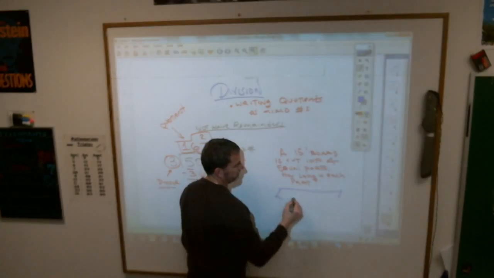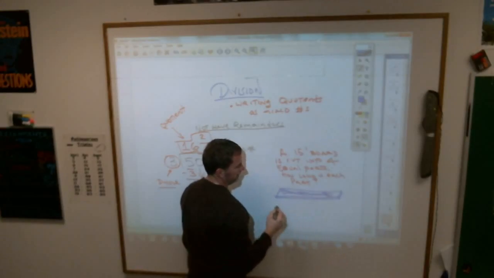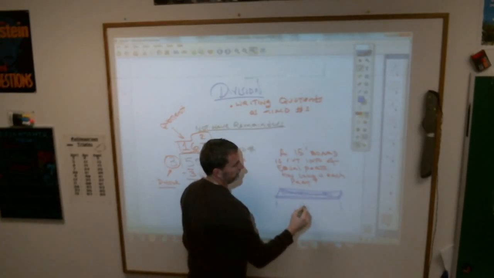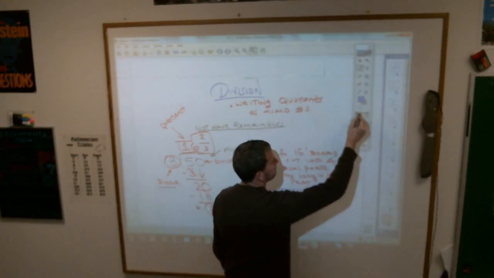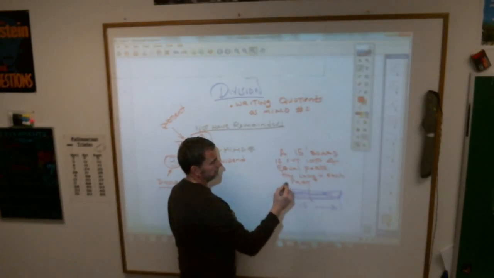I'm going to draw my nice little board as best I can. Should we give it grains? Make a little knot in it. This board is 15 feet long. What am I doing to it? Cutting it into 4 equal parts.